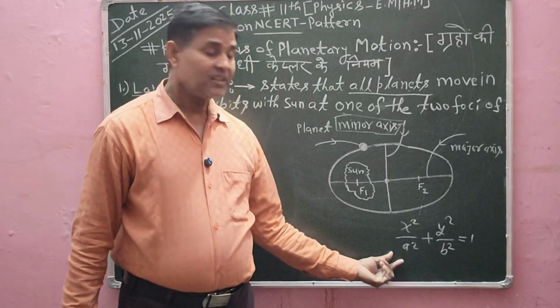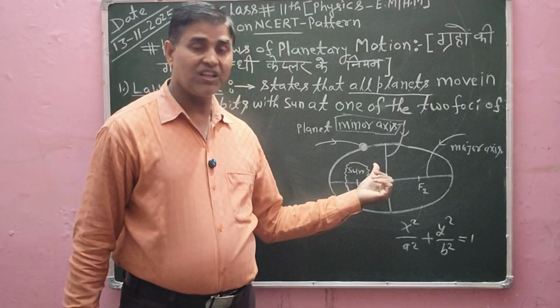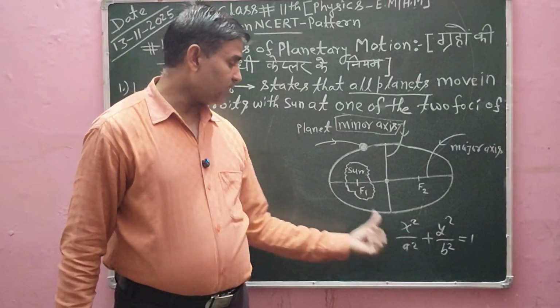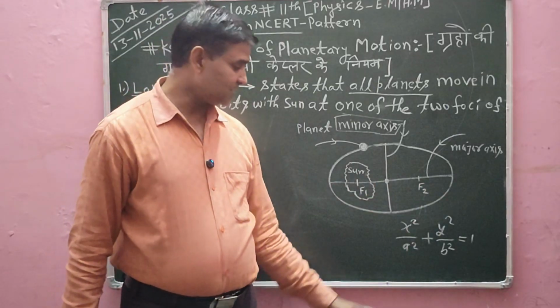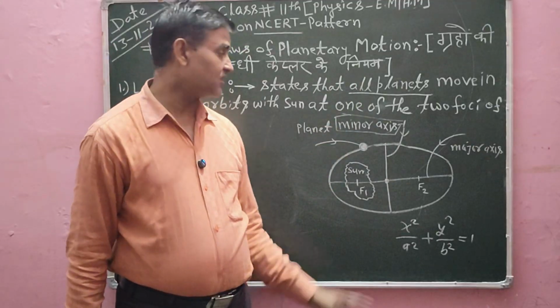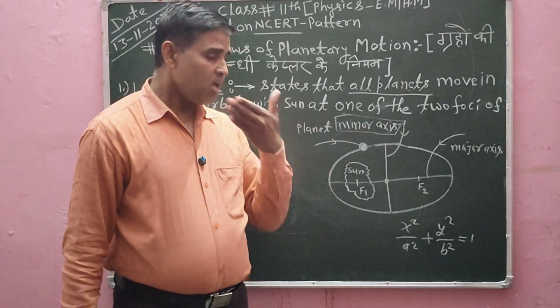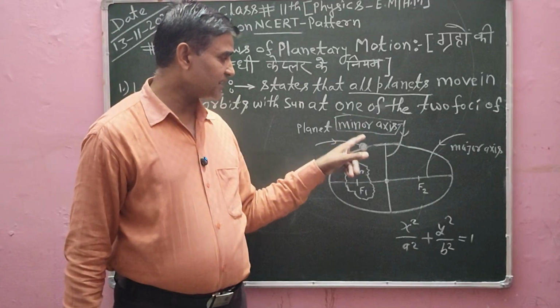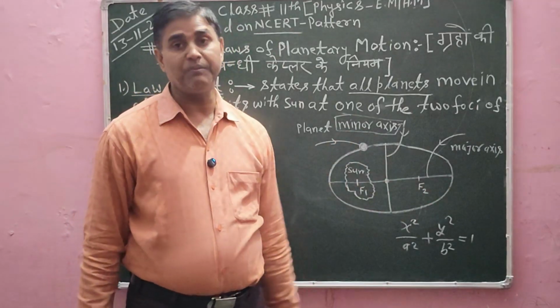This is the general standard equation of the ellipse. Now the value of a I will consider along the x axis, and the value of b I will consider along the y axis. Along the y axis I will take the minor axis, and along the x axis I will take the major axis.